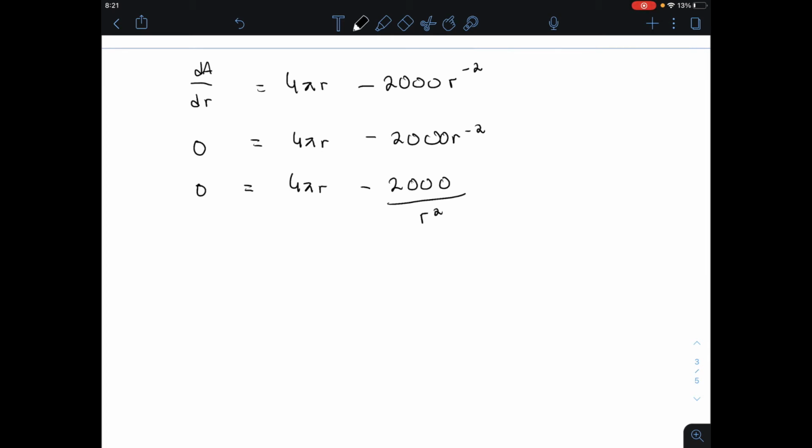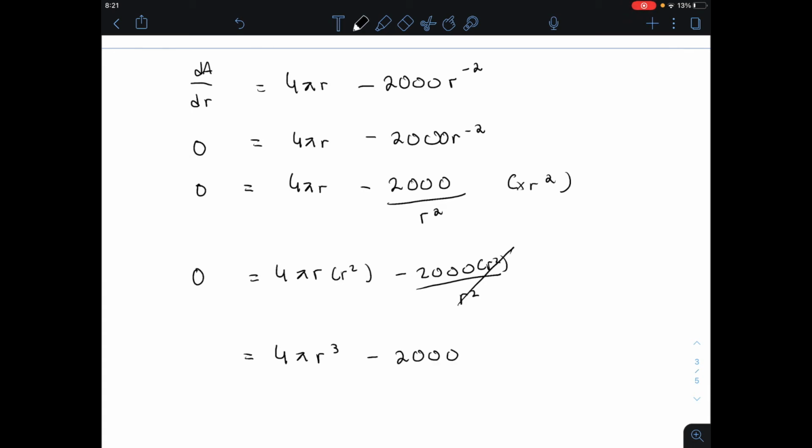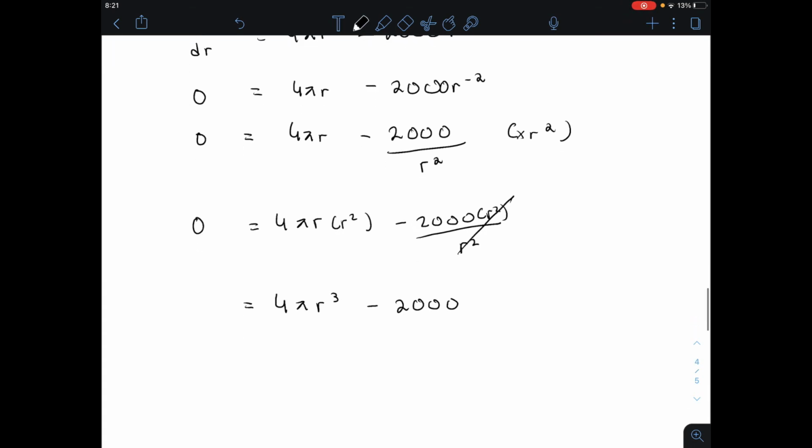From here, it is easier to solve for our values of r. Let's multiply everything by r squared to get rid of the denominator. This leaves us with 4 pi r times r squared minus 2000 times r squared all over r squared. Simplifying this gives me 4 pi r cubed minus 2000.